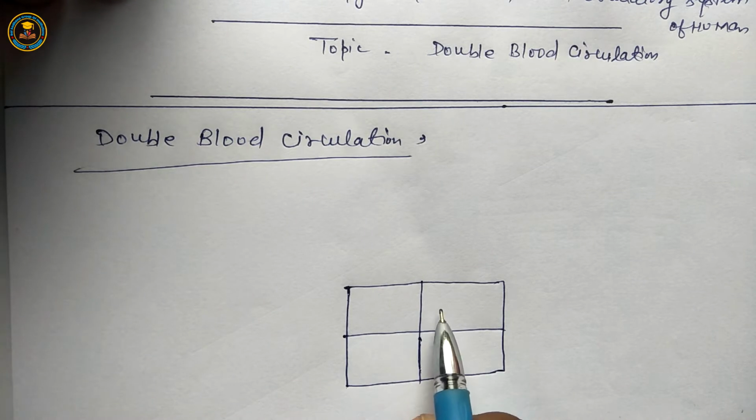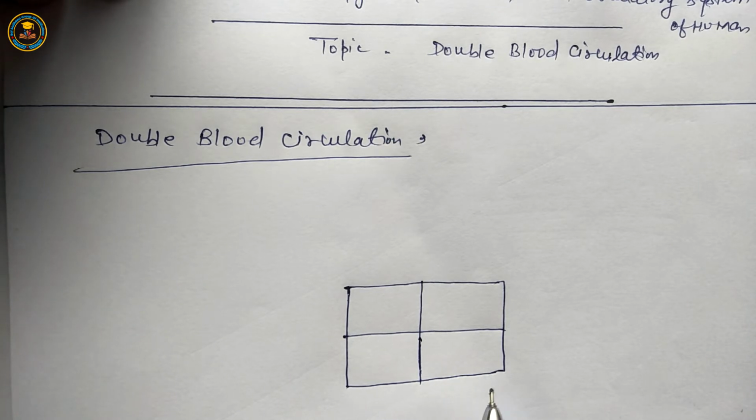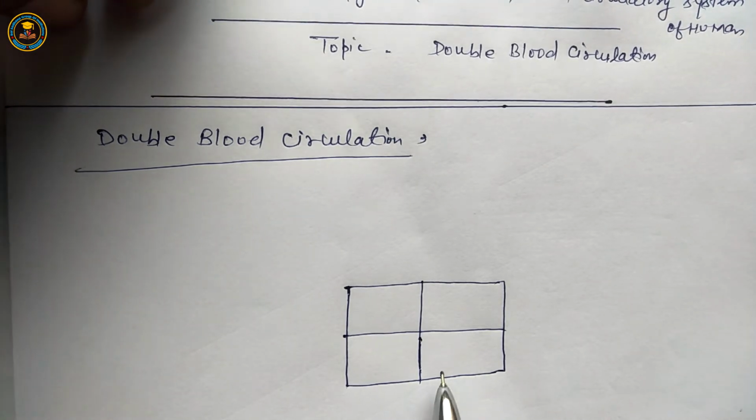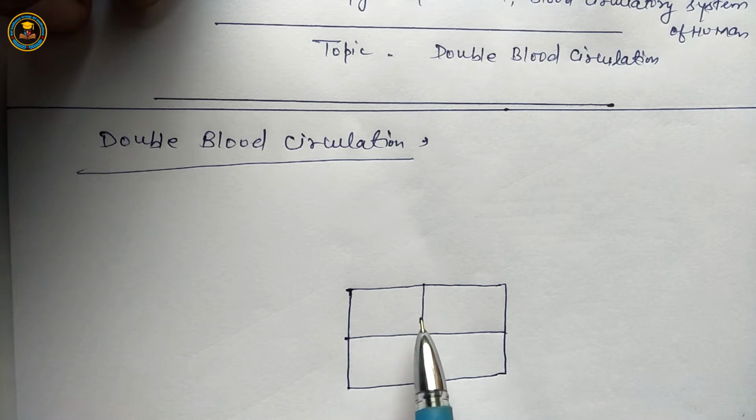They are the upper chambers of the heart and the lower chambers of the heart. The upper chamber of the heart is called auricle or atrium, and the lower chamber is called ventricle.